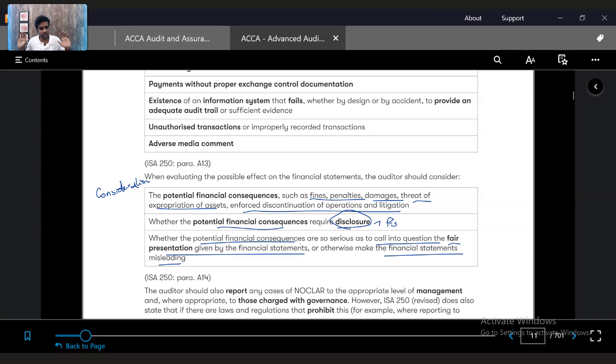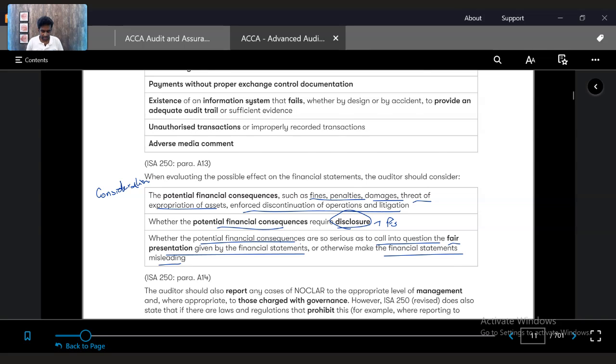But the company is saying that no, I don't care about this legal side, I would mention it only as a going concern. That is actually not a true and fair position. So we have to consider that seriousness, because these laws and regulations could affect the going concern of the entity.